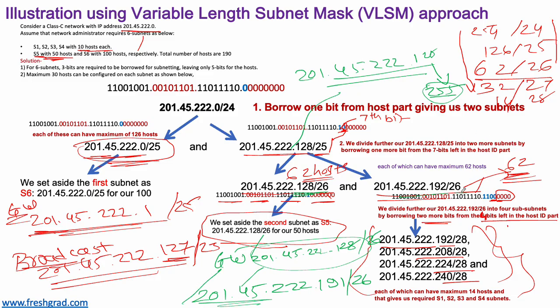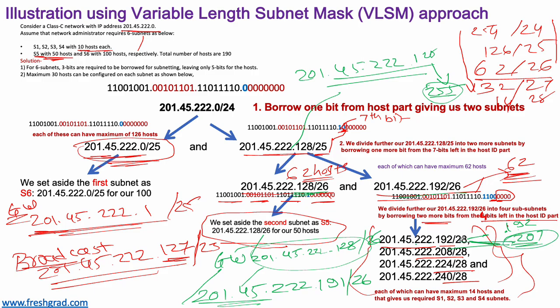And again, this one we divided into four more subnets, right? So for this one, what is our gateway? 192. Broadcast minus 1 here, so broadcast is 207. I'm just talking about the last digit only. So 201.45.222.192 is the gateway. 201.45.222.207 is our broadcast IP address.